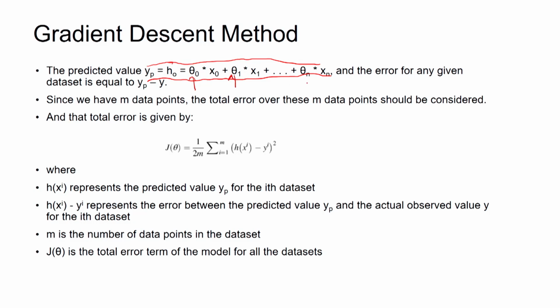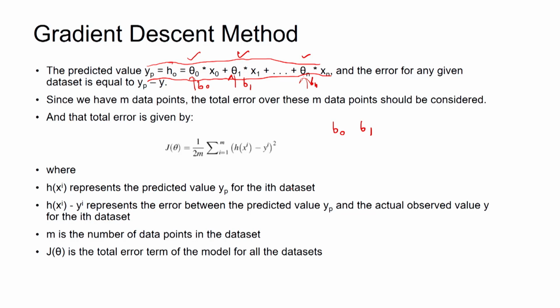So, in the previous lectures we used the term b0 and b1 to represent parameters of the model. Here the same thing we are representing using theta naught, theta 1 up to theta n. So, one can represent it as b naught, b1 up to bn. So, this is only a difference in notations, otherwise both are the same.